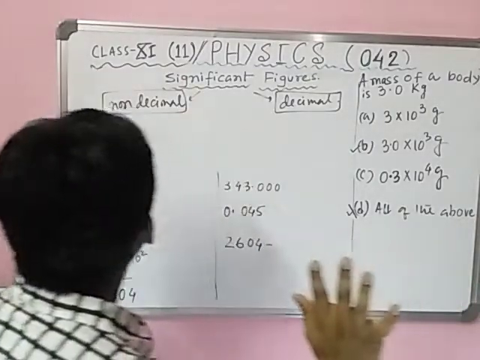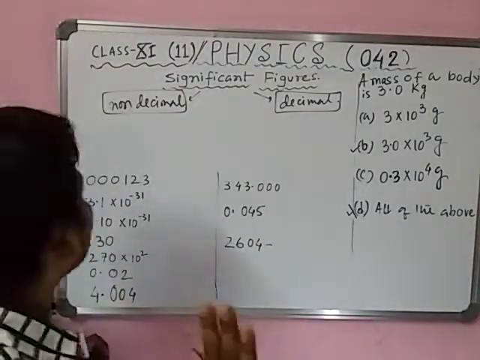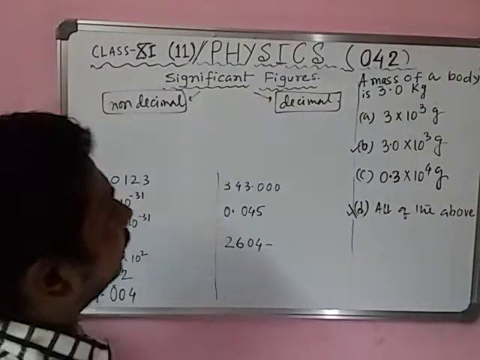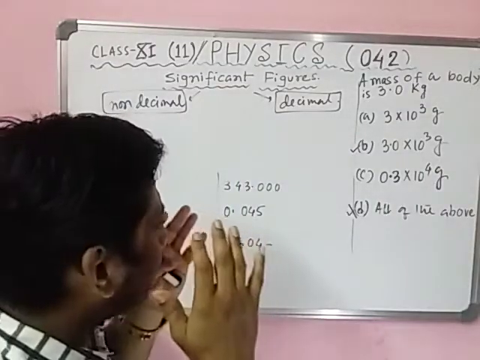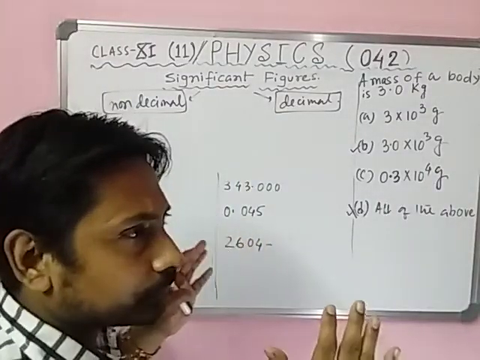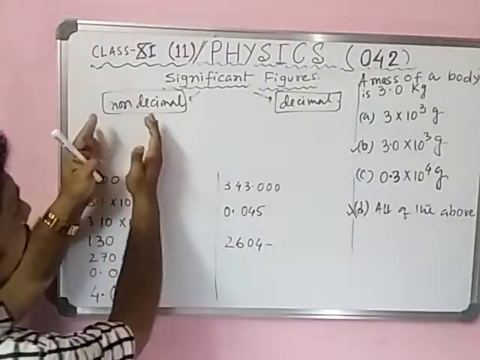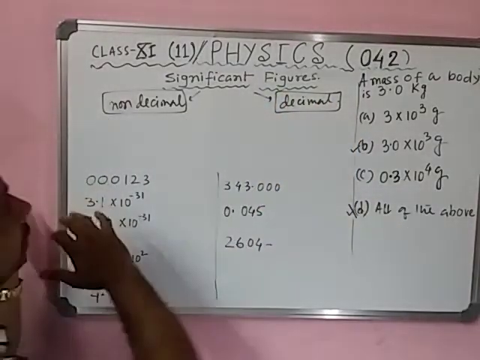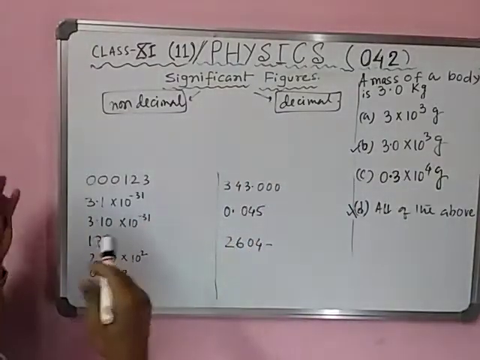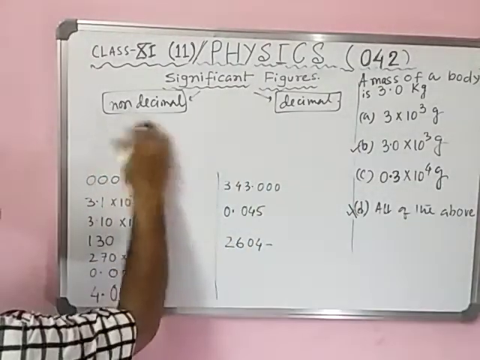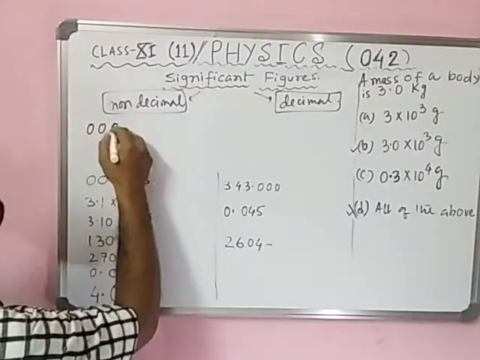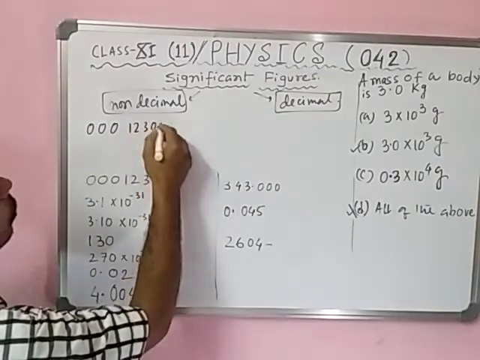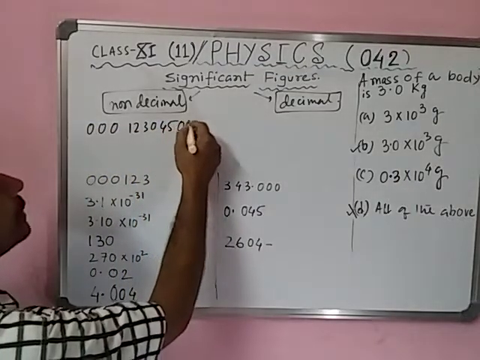Listen, students. Suppose we take two numbers, one non-decimal and another decimal. For example, the non-decimal number 0 0 0 1 2 3 0 4 5 0 0 0.